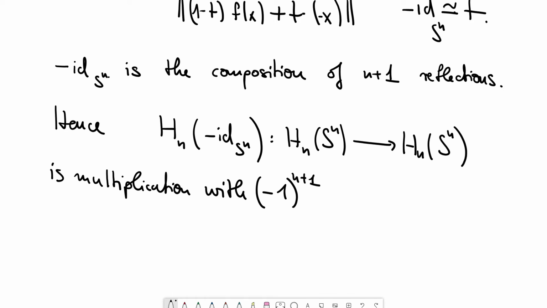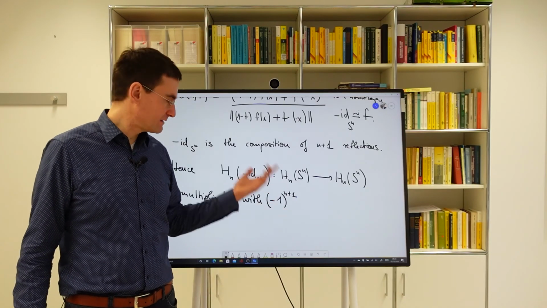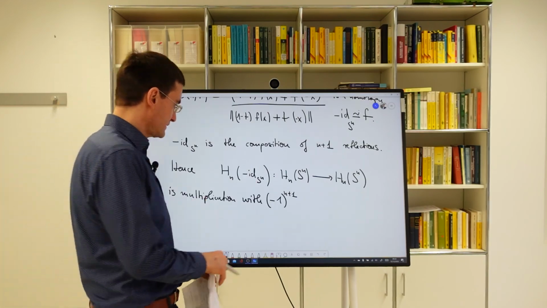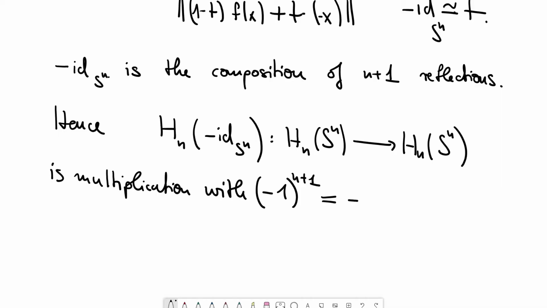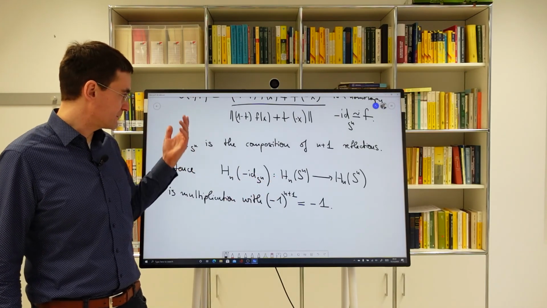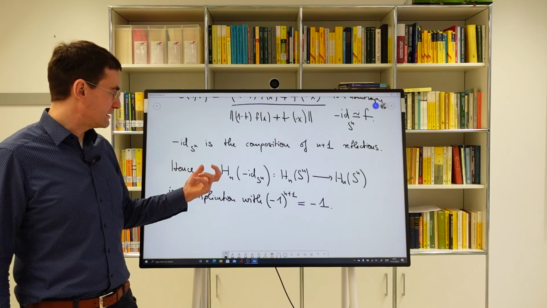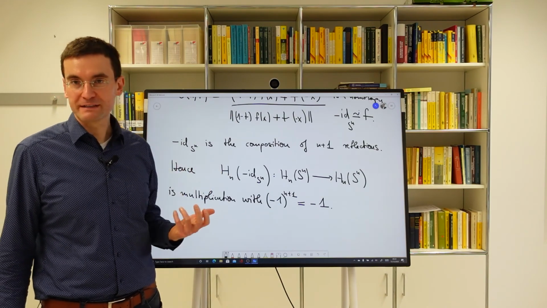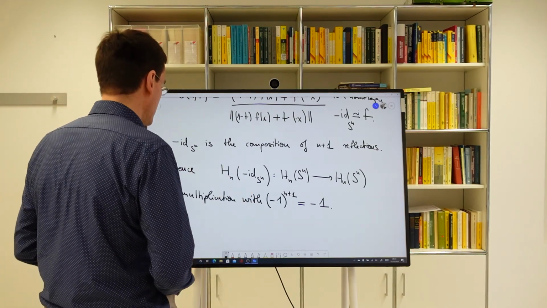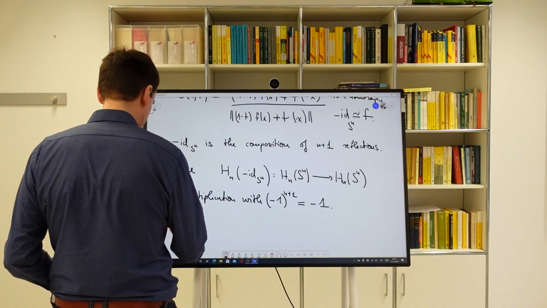And now we use the assumption that n is even, because if n is even, then n plus 1 is odd, so this is multiplication with minus 1. And this is a contradiction now, because the identity, of course, is just multiplication with 1. It's the identity also on homology. And therefore, minus the identity on the sphere cannot be homotopic to the identity, because they induce different maps on homology.